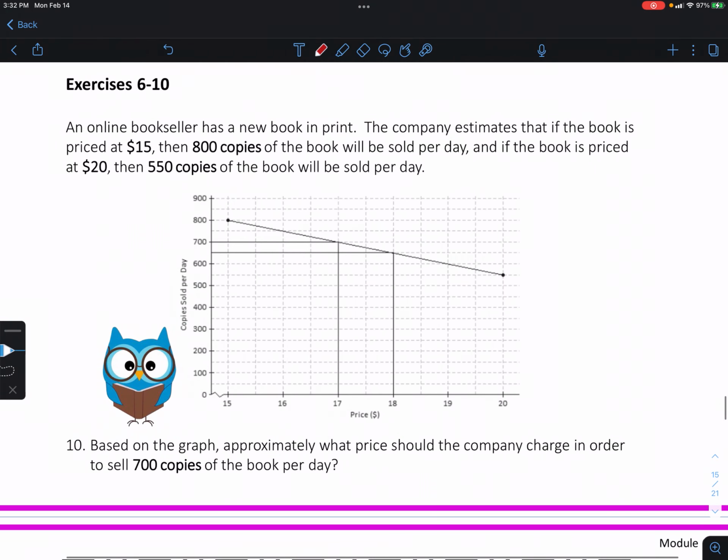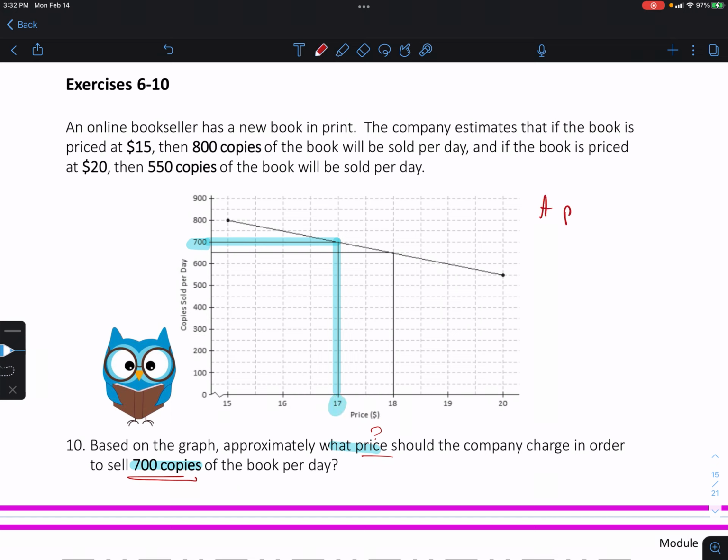Number 10. Based on the graph, approximately what price should the company charge in order to sell 700 copies? This one has us starting with the copies and finding the price. So we'll start with the y-axis. Here's 700 copies. We'll follow it to the line and then drop down to see that that would be $17.